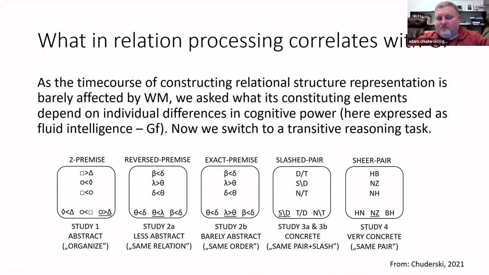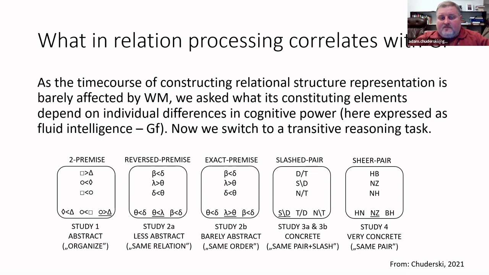So this is why I'm presenting various Latin letters, Greek letters, or geometric shapes, but typically we applied each task with all kinds of the material to see whether the material matters or not. It doesn't matter at all. So to learn that theta is smaller than lambda, you only have to find out that in the middle premise, lambda is larger than theta, and reverse the symbols. So the task seemed to be much, much simpler, but it's still correlated with cognitive ability.